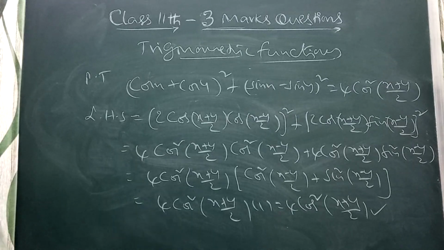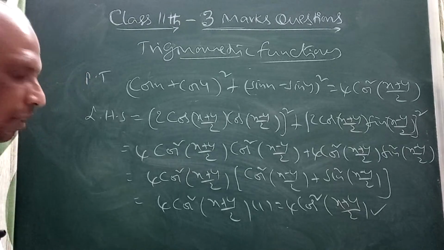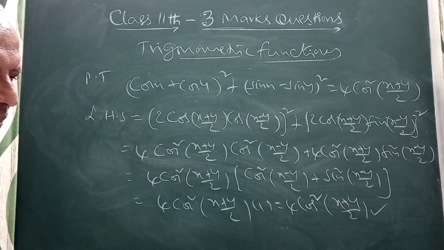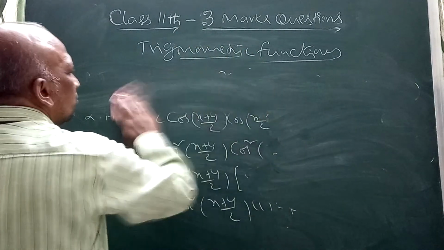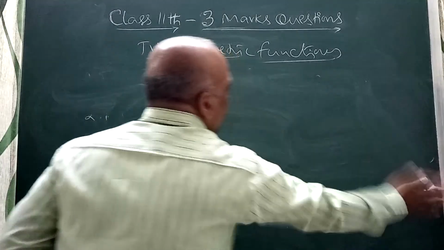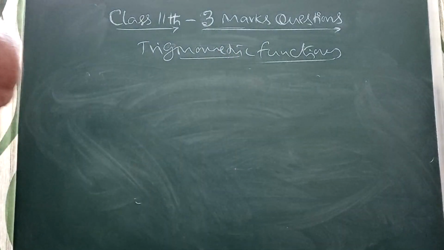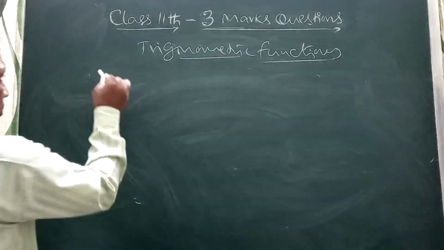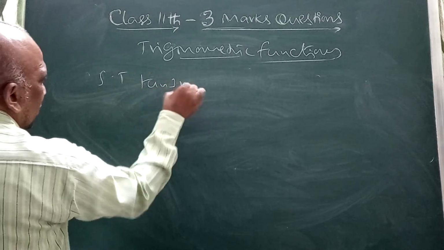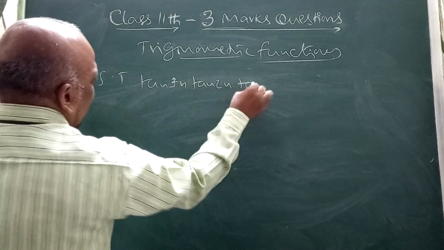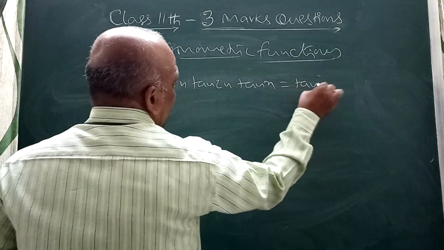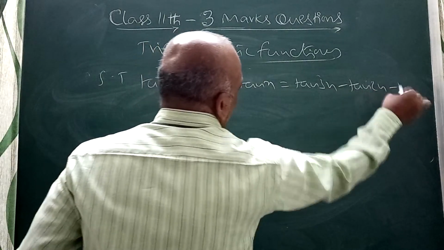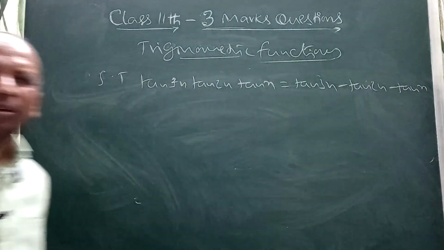Show that tan 3x minus tan 2x minus tan x is equal to tan 3x tan 2x tan x.